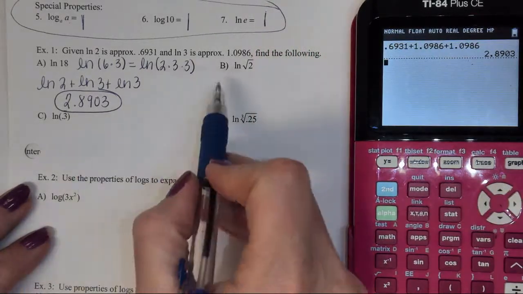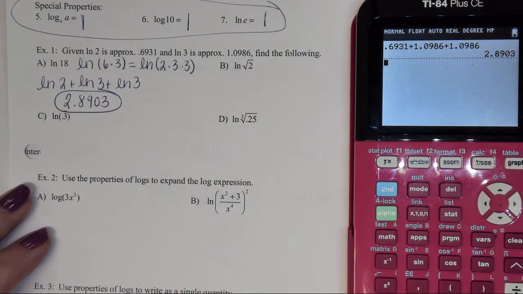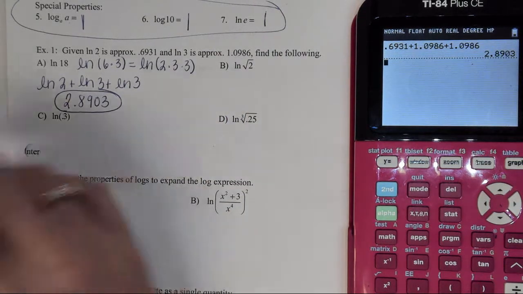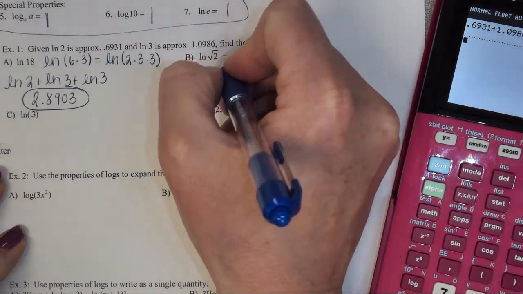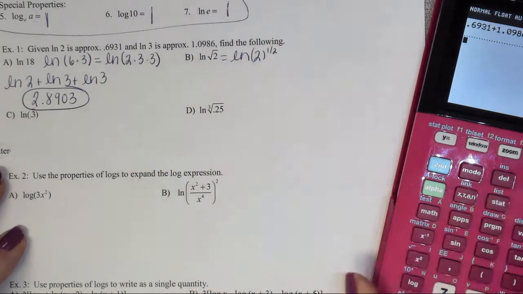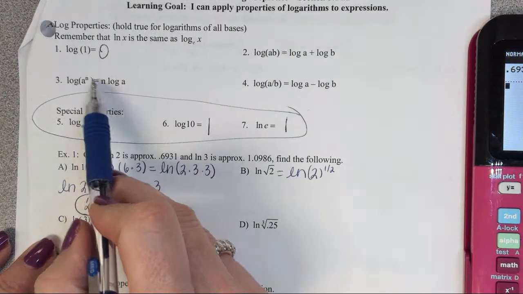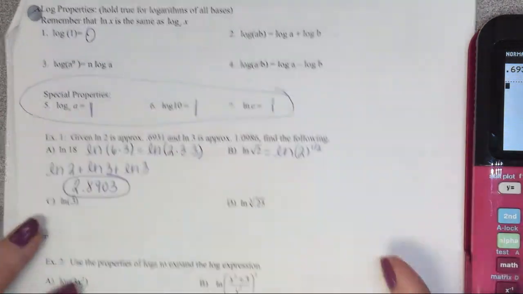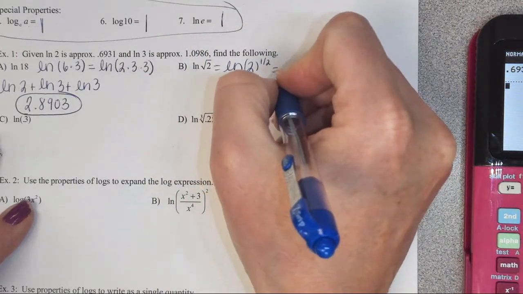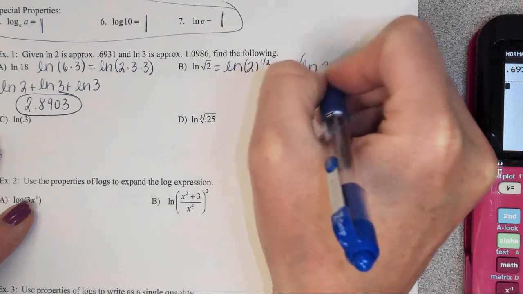All right, look at the next one. How do we rewrite radical 2? 2 to what power? 1/2. So this is going to be the natural log of 2 to the 1/2. What did it say up above? If we have an exponent, it can become a coefficient. So I can change this into 1/2 natural log of 2.